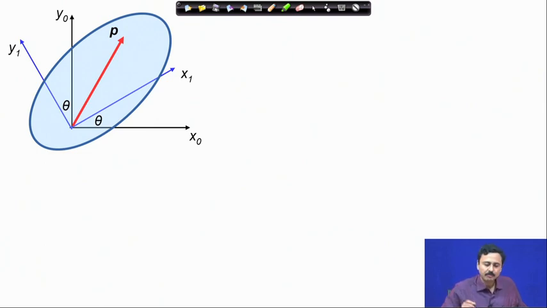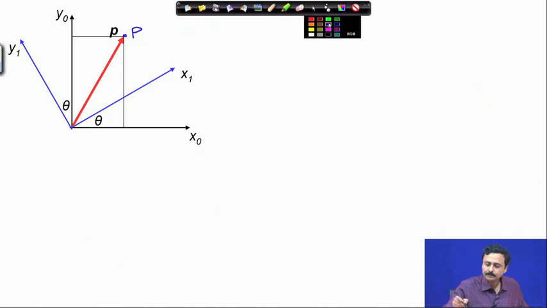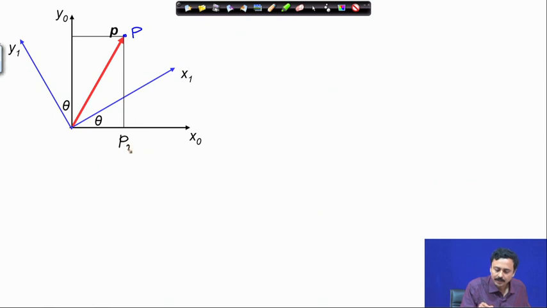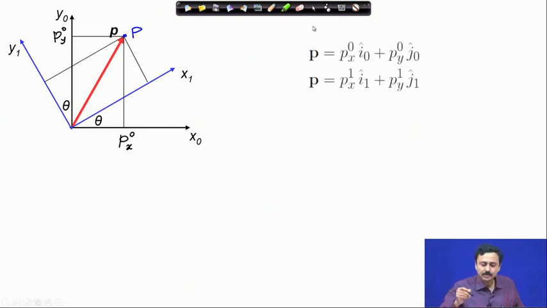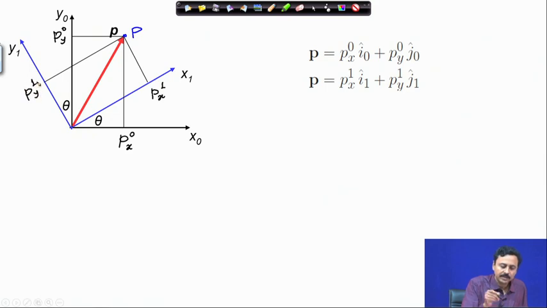We can also see the new location of point capital P. So, this is the new location of point P. What I want to determine is this: P x represented in frame 0 and P y represented in frame 0, in terms of P x represented in frame 1 and P y represented in frame 1.